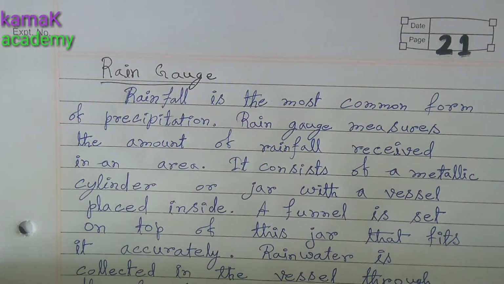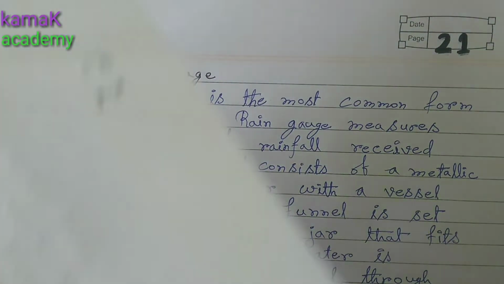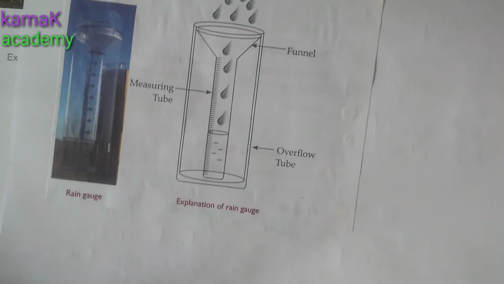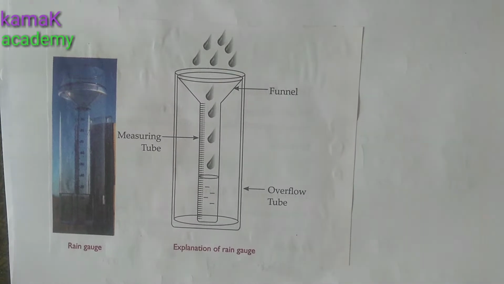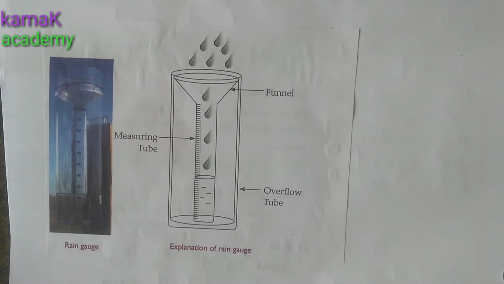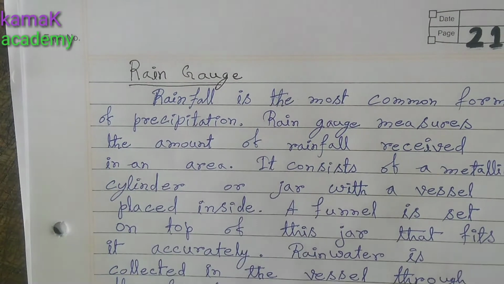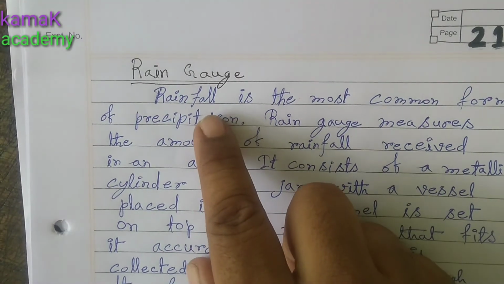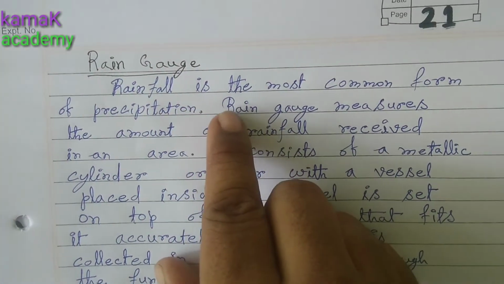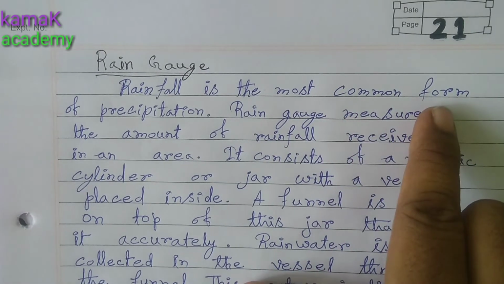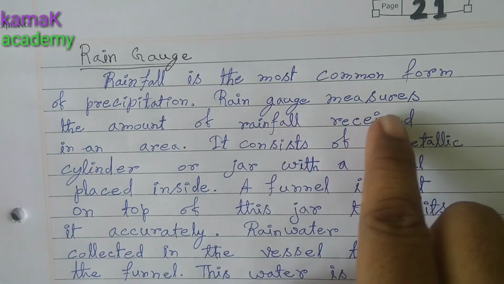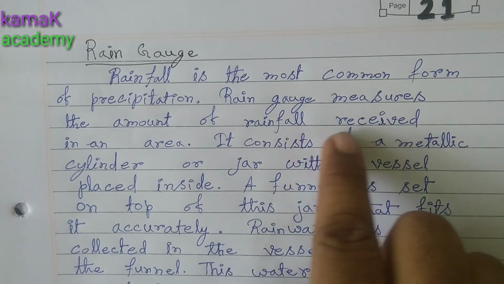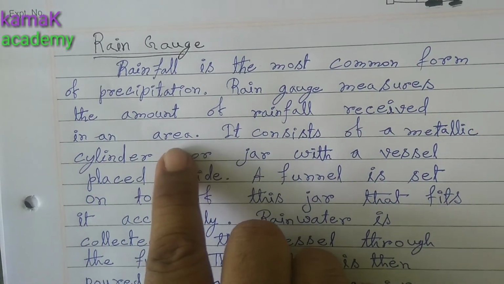Next page is rain gauge, page number 21. This is the diagram of rain gauge. You watch the rain gauge diagram. Okay. Explain is, rainfall is the most common form of precipitation. Rain gauge measures the amount of rainfall received in an area.